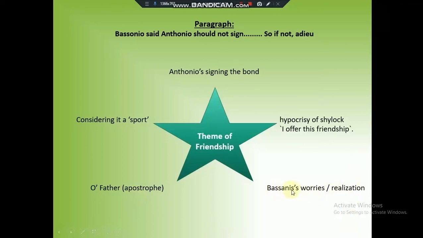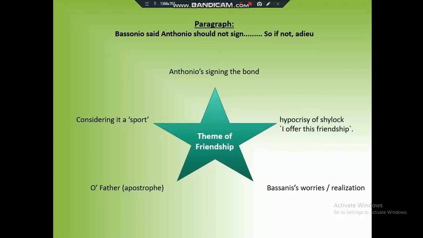But Bassanio is very much worried, and he realizes that something bad is going to happen, because he can observe this shrewdness and cleverness on the face of Shylock. And you can also note down again the hypocrisy, the dual personality of Shylock. He says, "I offer this friendship." You have read the dialogues of Shylock in the previous paragraph as well.